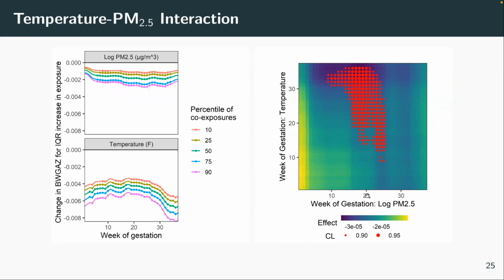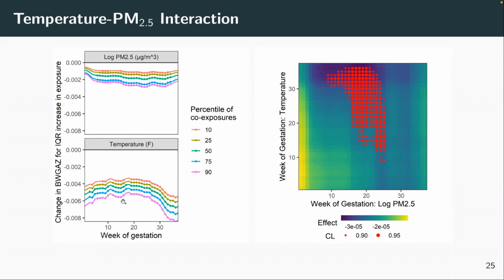But there's also an interaction between exposure to PM 2.5 at week 20 and temperature at week 30. So we get this time-sensitive interaction here, right? That's kind of cool to get, the sort of priming idea. I will note that these effects are super, super tiny here, so we shouldn't read too much into those. But it is nice to know that we are able to pick those up.